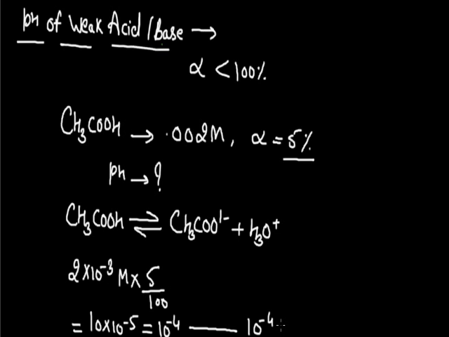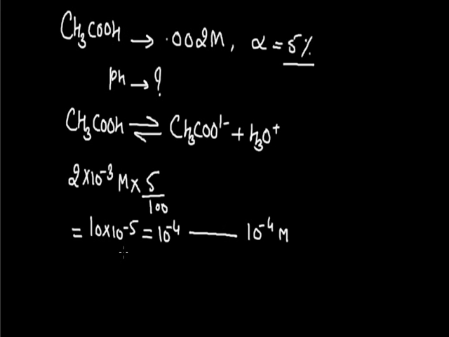Since it is considered a 1 liter solution, the concentration of hydronium ion will be 10 power minus 4 M. To calculate the pH, the formula is the negative logarithm of the concentration of hydronium ion, so here the pH will be 4, and this indicates that the solution is weakly acidic in nature.